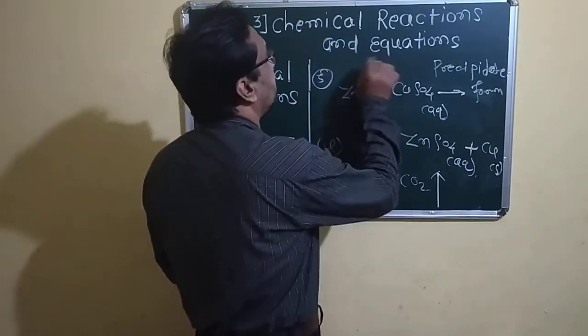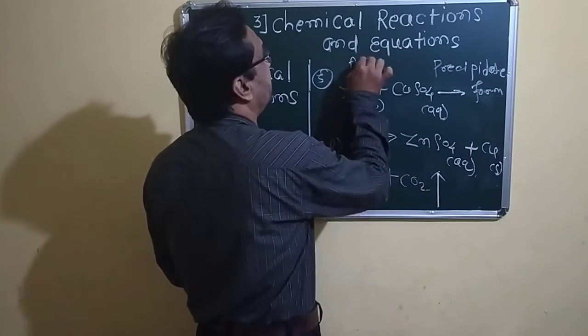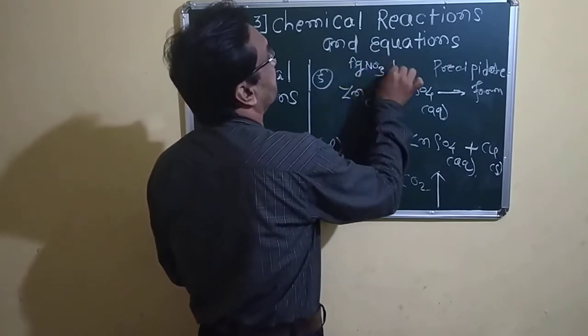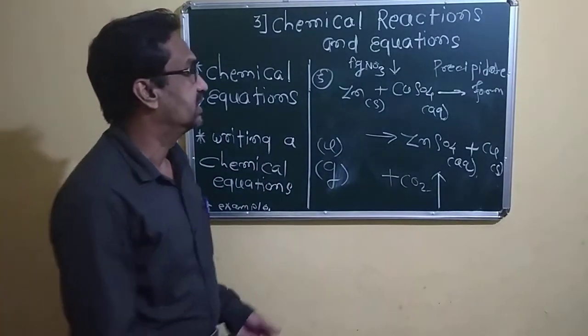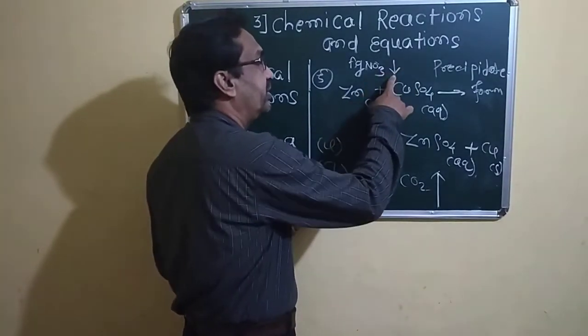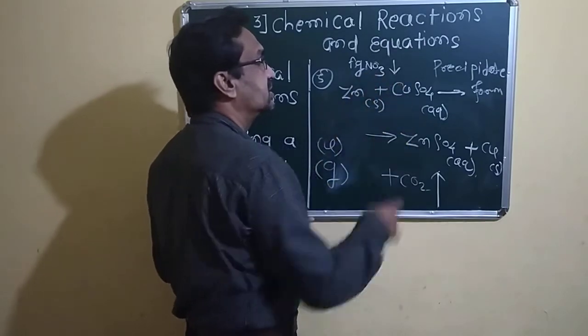For example, if we form AgNO3, it is written in such a way. This downward arrow indicates a precipitate.